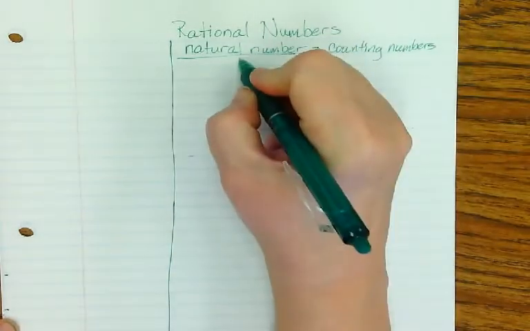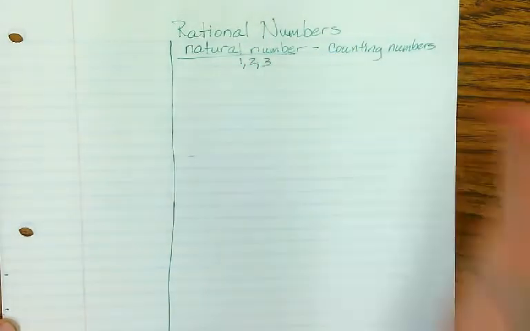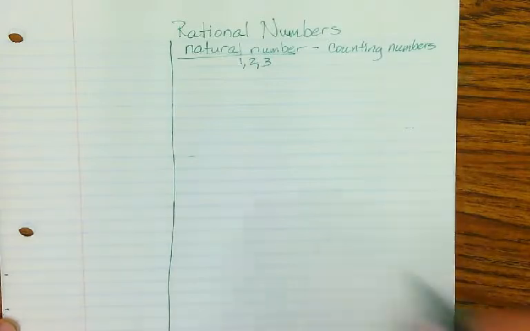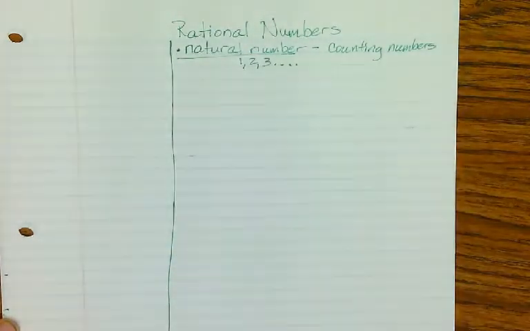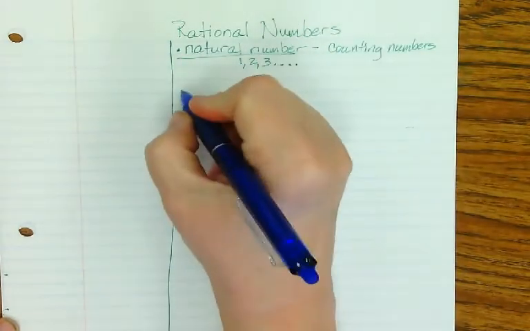Okay? So that's 1, 2, 3. If you can count it on your fingers, there you go. And so on. All right? I like to use different colors, so I'll be switching it up as I go. So that's a natural number.